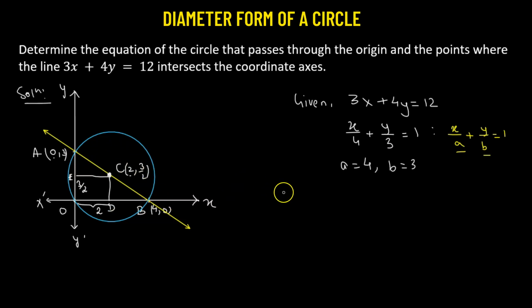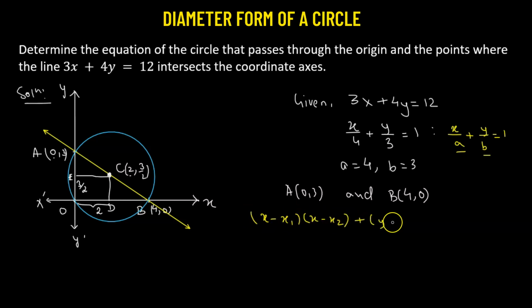So now that we have the diameter AB, where A has the coordinates (0, 3) and B has the coordinates (4, 0), we can use the diameter form of the circle, which is given by (x minus x1)(x minus x2) plus (y minus y1)(y minus y2) equals 0. So this is going to give us the equation of a circle.